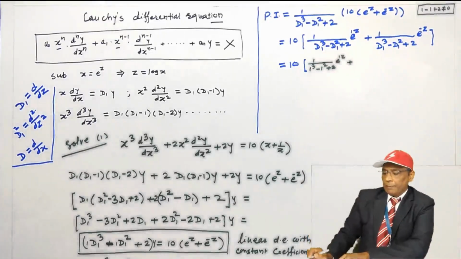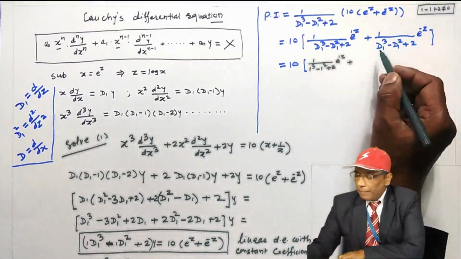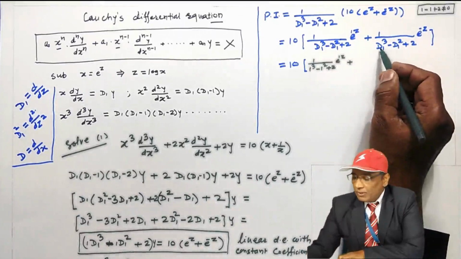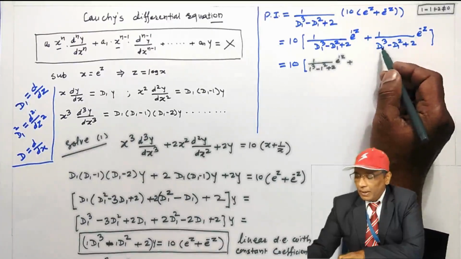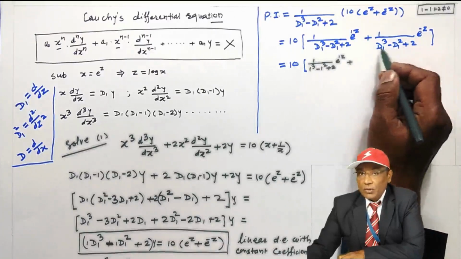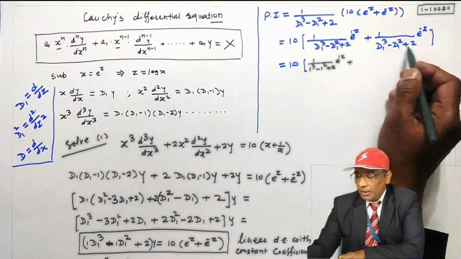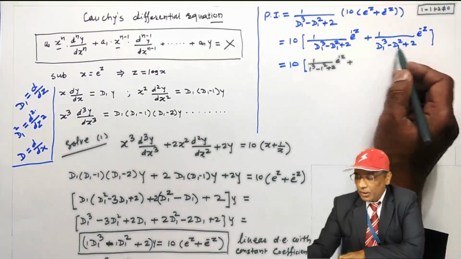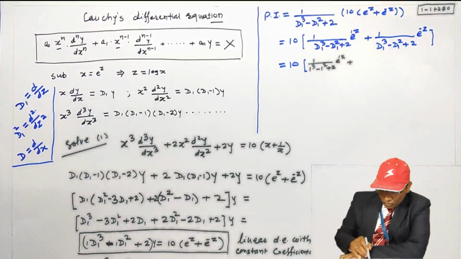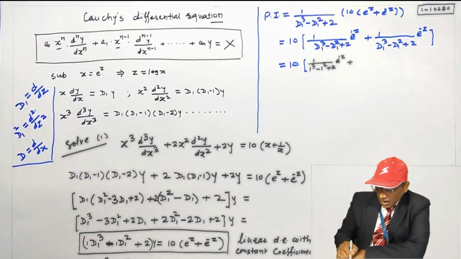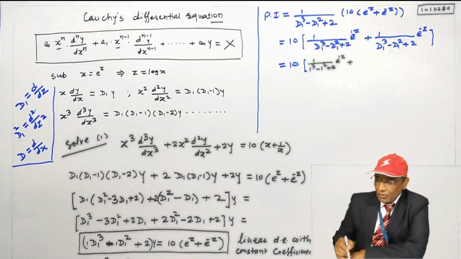Same thing. Put d1 equal to minus 1. If you put d1 equal to minus 1 here, what will happen? It will be 0 in the denominator. And it is very clear that the roots of the auxiliary equation, values of d, one of the values is minus 1.